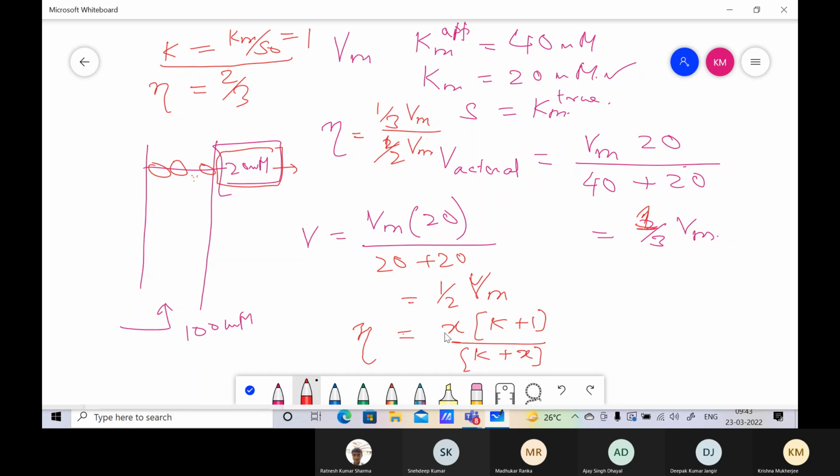So what is x then? This is the kind of simple exercise that you do to understand. So efficiency is 2 by 3, which is equal to x upon kappa plus x, that is 1 plus x. So what is x equal to?